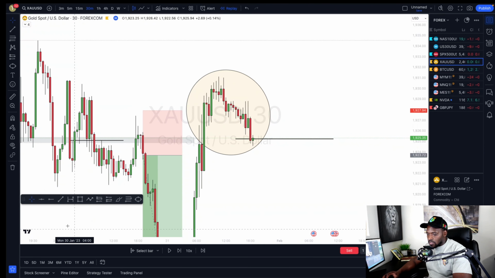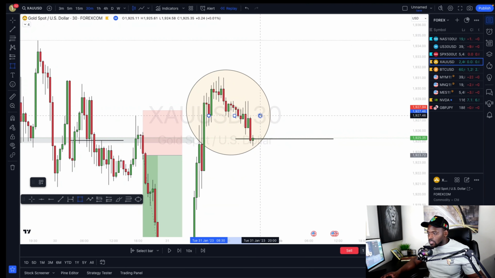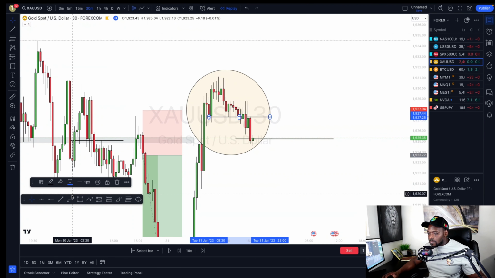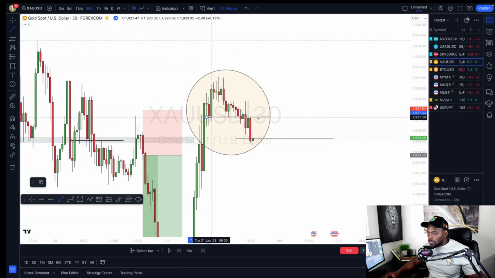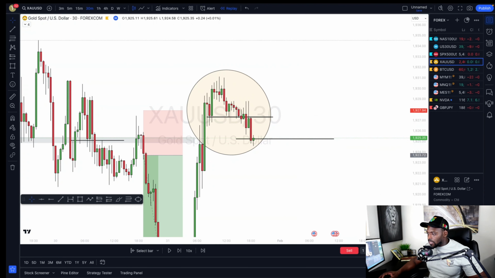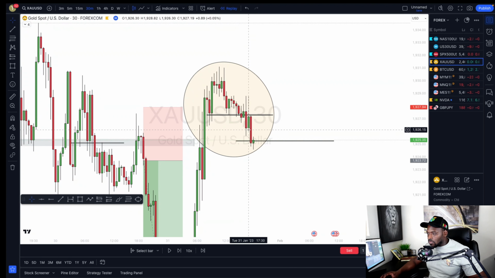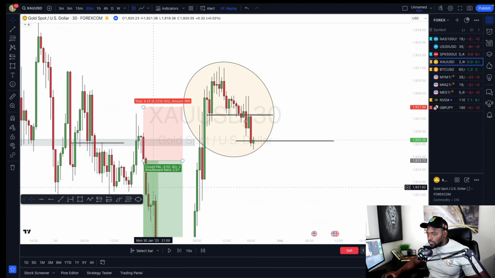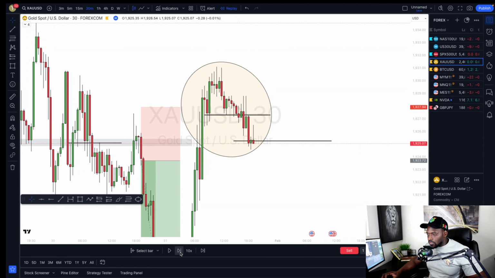But where's our structure being created? I see it being created right here, and we're basically just looking for a retest. And it looks like it broke it and retested it already, so maybe we missed the entry. But let's see if there's another.